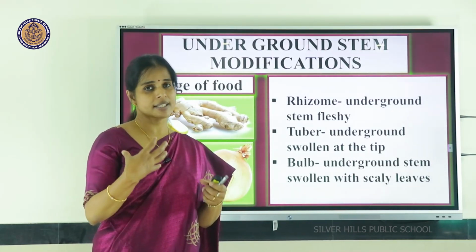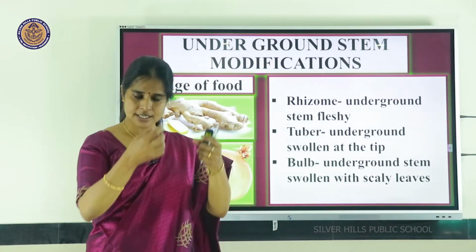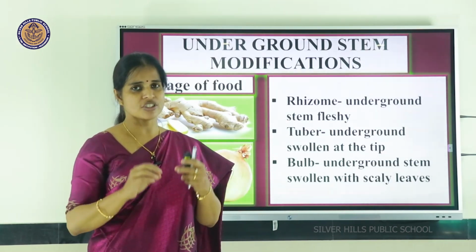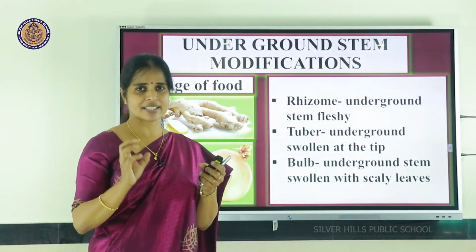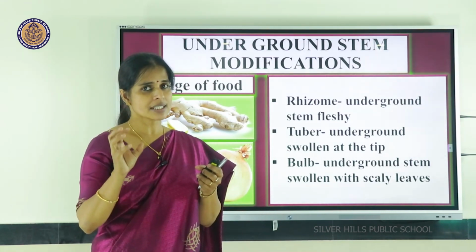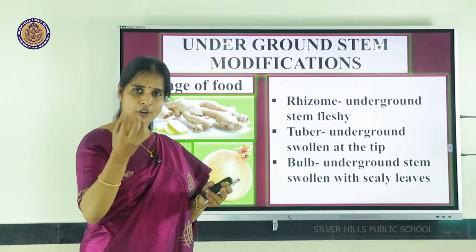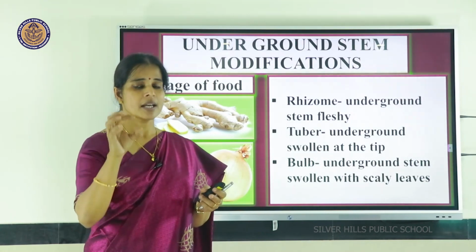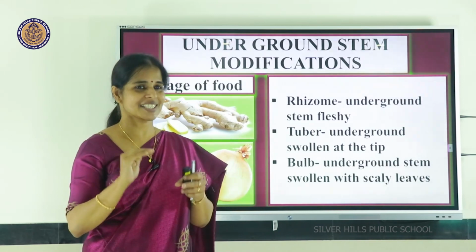Such a horizontal underground stem modification we call the rhizome, and in some other cases the stem further grows underground, from that a lot of branches are formed, the tip of each branch becomes swollen, a tuber-like structure is formed which is for the storage of food. One example for such a tuber is potato. At the tip of each branch of the stem, it forms the tubers which are underground. So, this is hiding its food under the ground.